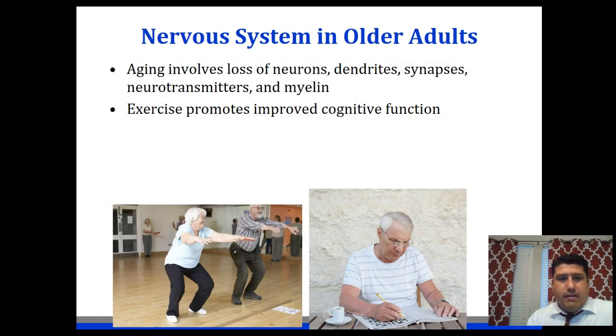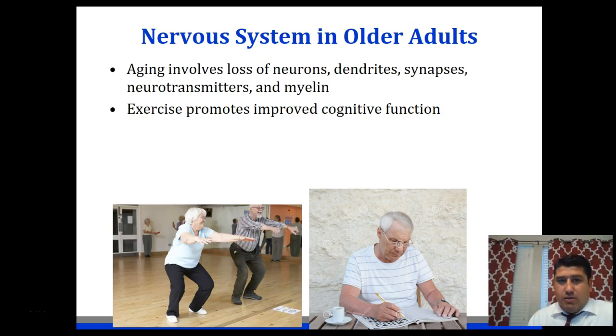Okay, so it says here, aging involves a loss of neurons, dendrites, synapses, neurotransmitters, and myelin. So in essence, our nervous system starts to decline in function. So this happens as we age.